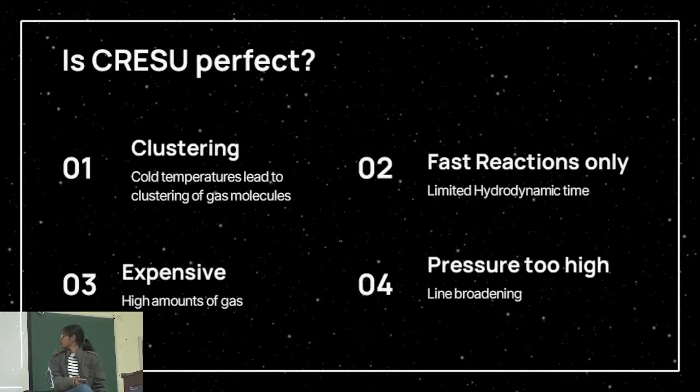Next, the reactions can only happen within the flow, and that is limited by how long this uniform flow is held. It can't go on forever, obviously. So only reactions that are fast in some sense, with rate constants above a certain threshold, can really be accurately measured with the pressure. That will actually answer your question.